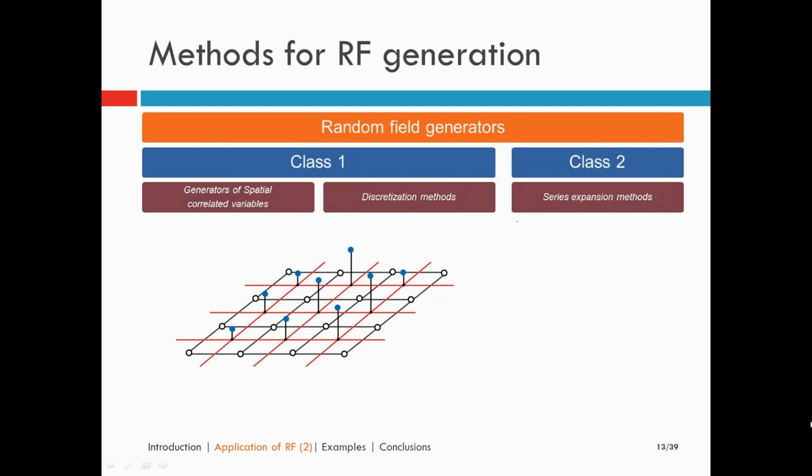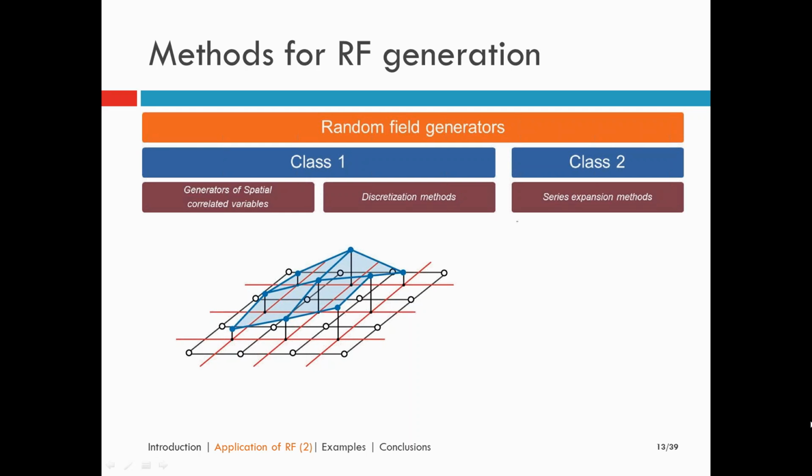And if we want to link this to the finite element model, then we have to follow a certain method, and these are the discretization methods, and we follow the shape function method where between those points linear interpolation is applied, as can be seen here.